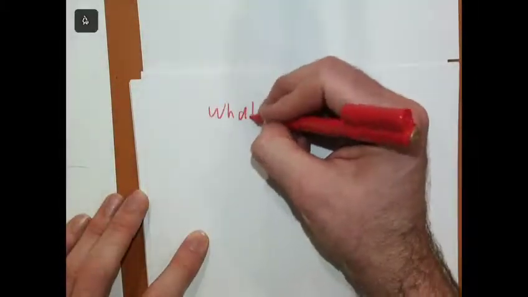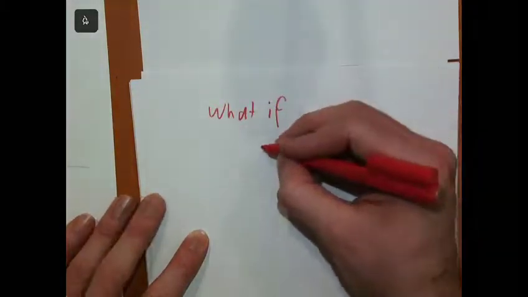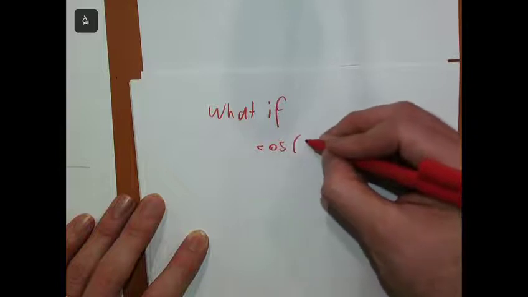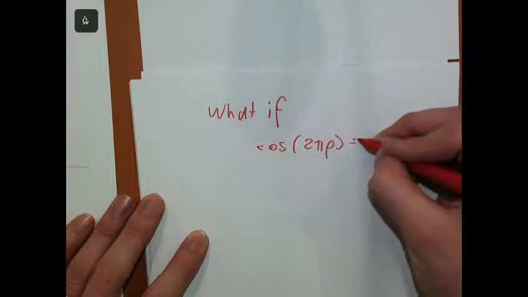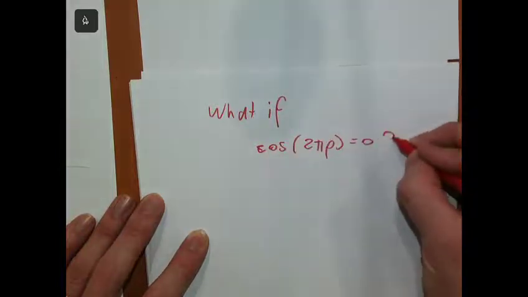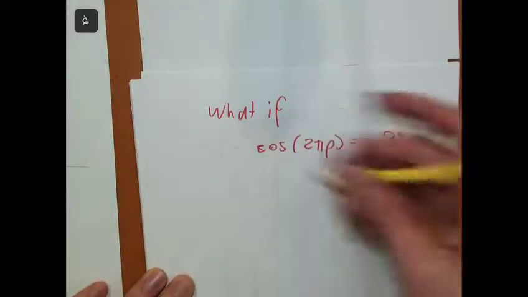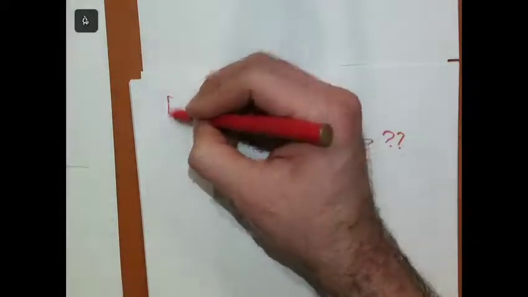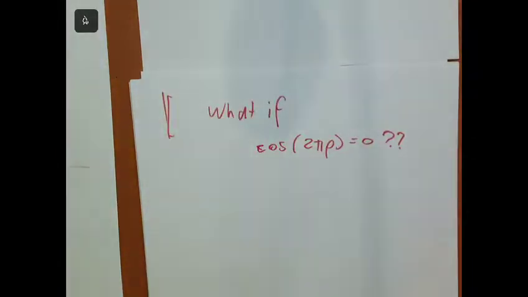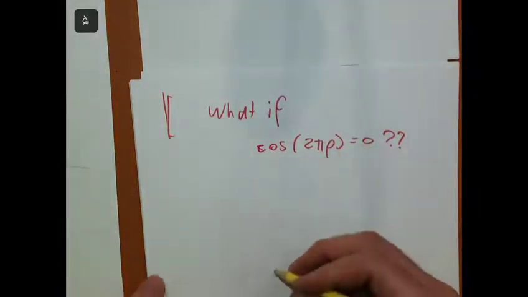If this had been a cos, so this is all just in a big bracket. Yes, this is my imagining here. What if it had been a cos 2 pi rho equals 0?